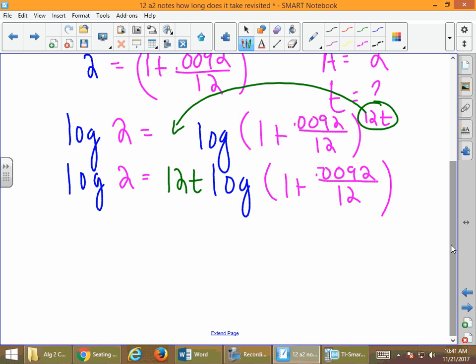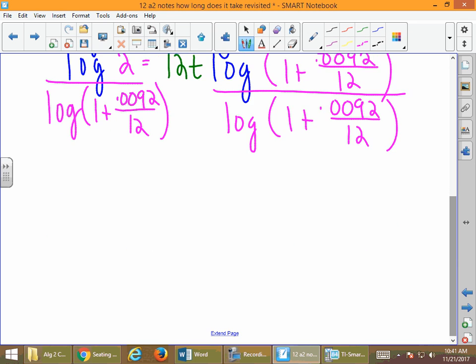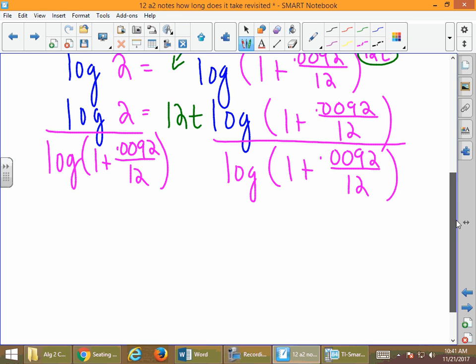And what we can do is divide both sides by log of 1 plus 0.0092 divided by 12 here. And over here we divide log of 1 plus 0.0092 divided by 12 here. And that leaves us with 12t over here on the right side, because all of that canceled out.